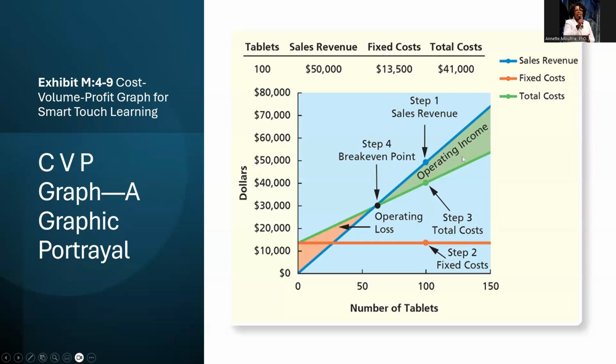Whenever it's green, that's profit. So in this case, managers find that the CVP graphs are valuable for quickly estimating profit or loss at different sales levels.